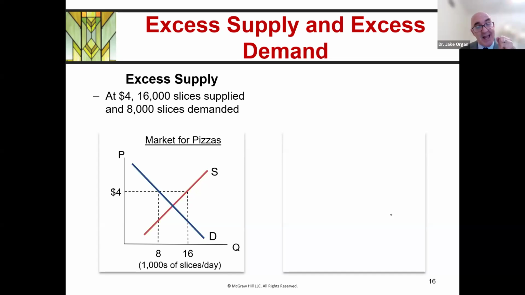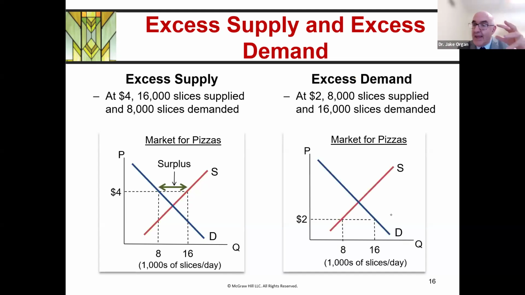But because $4 is a good price, there are a lot of people willing to supply at that price, so there are actually 16,000 slices a day that people are prepared to supply. What does that mean? There are 8,000 slices a day that no one's buying. So if people are not buying pizza at the end of the day, what happens? The price goes down. Excess supply leads to a surplus, and that pushes the price down.